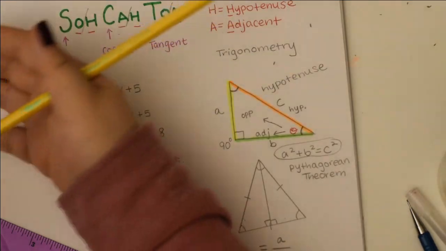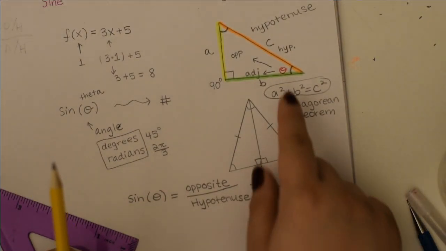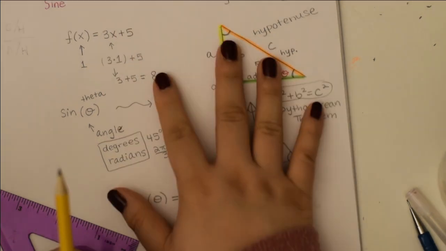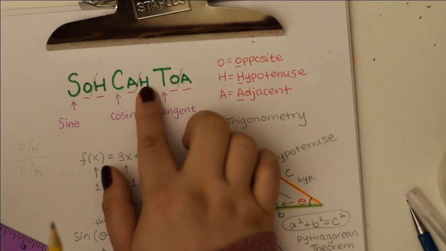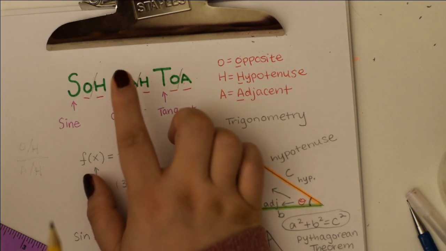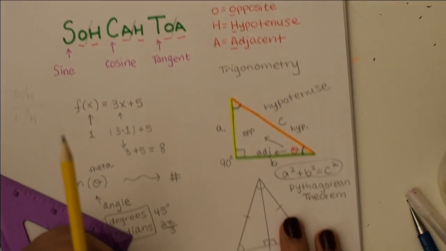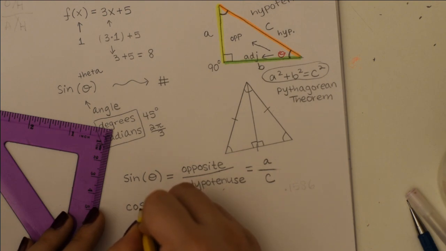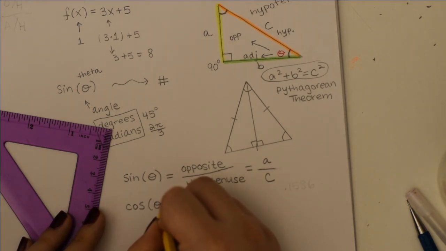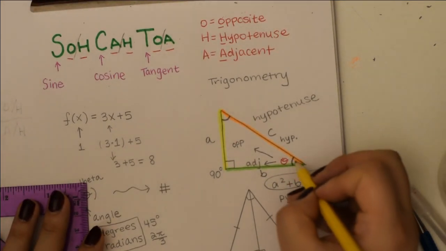Okay. So really, let's try the same thing with theta, but with cosine. So we see CAH. Cosine is adjacent over hypotenuse. So we're going to do cosine, which is abbreviated as cos theta, is adjacent.